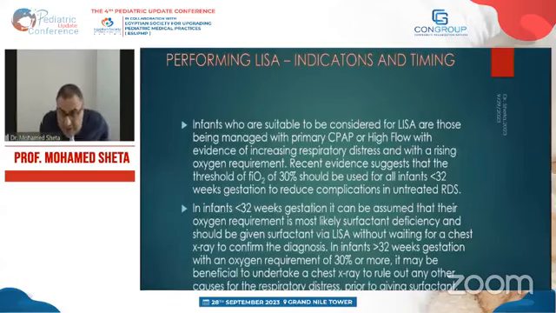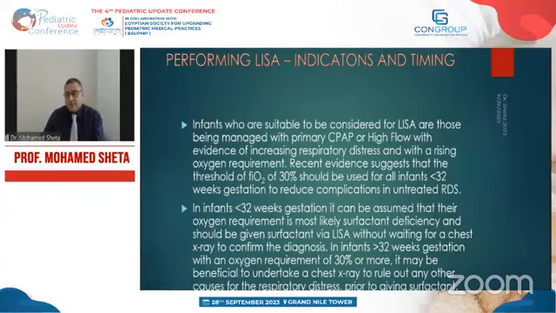Why do we have to wait for the chest X-ray? Because you could find abnormal findings, even with respiratory distress syndrome. Sometimes this respiratory distress syndrome could be associated with congenital pneumonia as well, with a friable lung. So you have to recognize the case well and know for whom you will give surfactant.